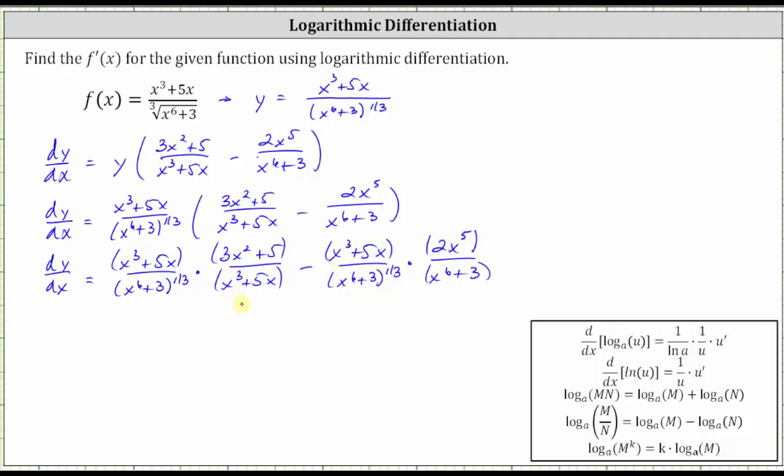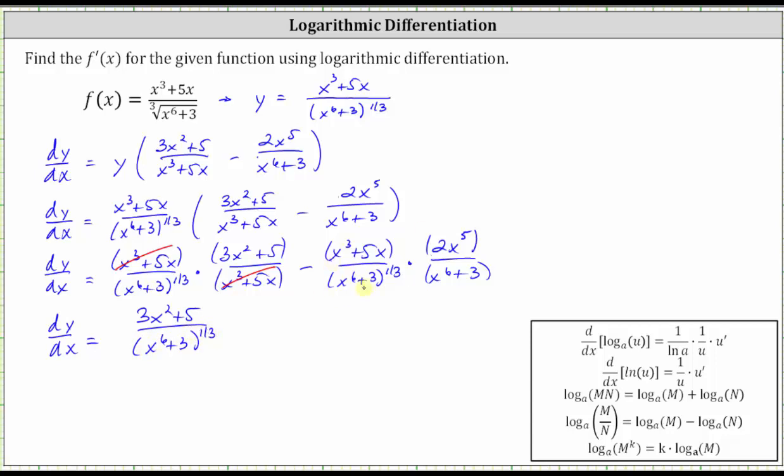Looking at this first product, notice how x cubed plus 5x divided by itself simplifies to 1, giving us dy dx is equal to, for this first product, 3x squared plus 5 all over the quantity x to the 6th plus 3 to the 1/3 power.